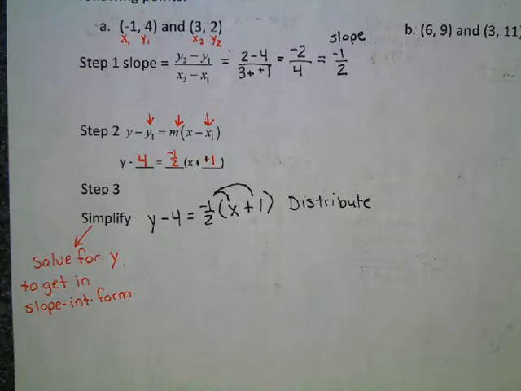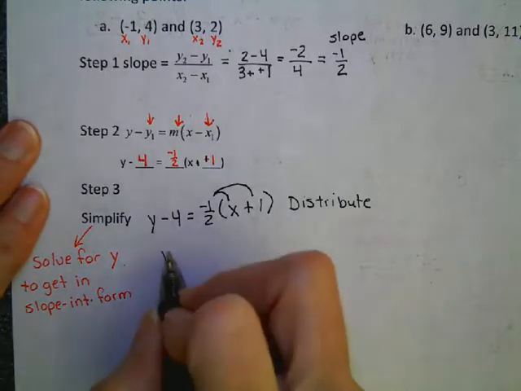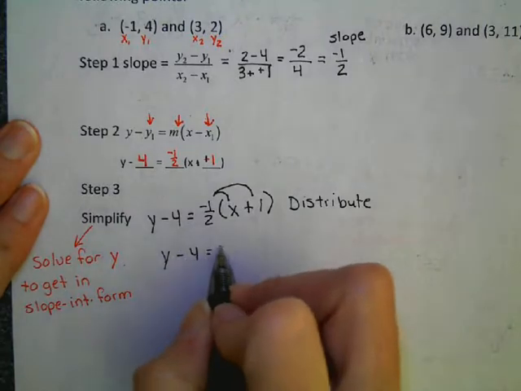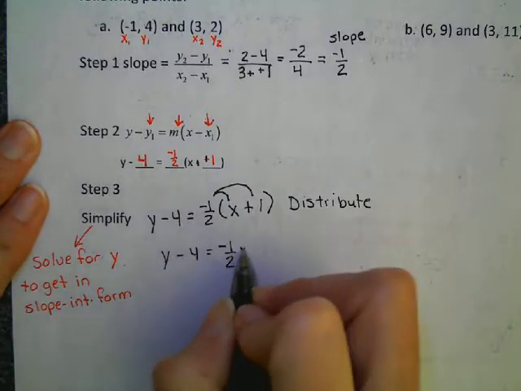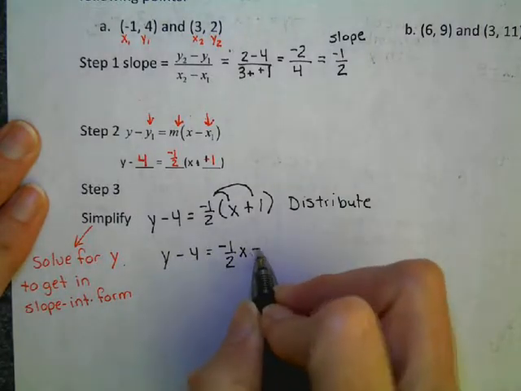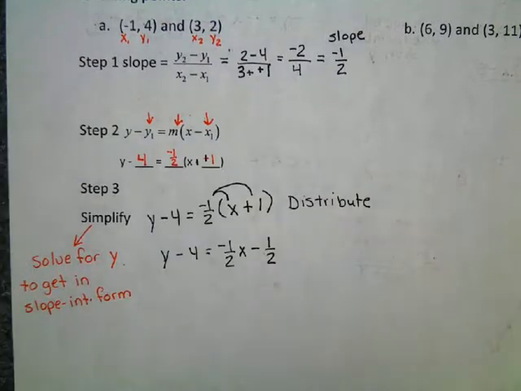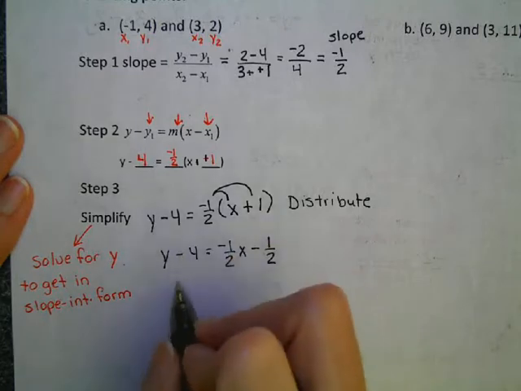So when it says simplify, we're trying to get it to slope-intercept form because the directions just say write an equation in slope-intercept form. Well, that's what we're trying to do. So we'll distribute here. So you get negative 1/2 x minus 1/2, because 1 times negative 1/2 is negative 1/2.